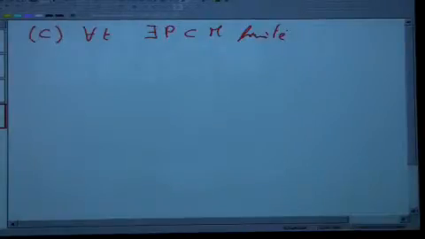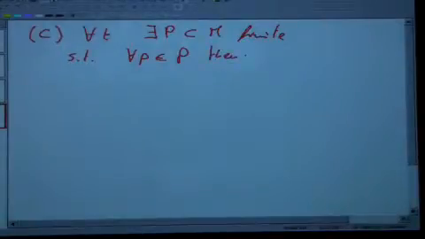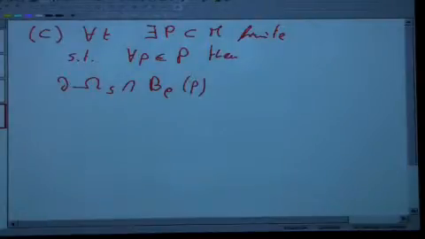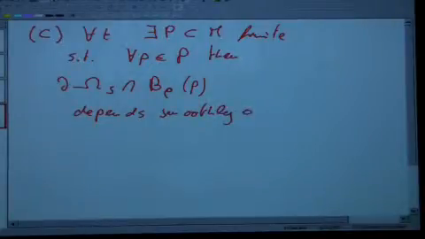If a point p is not in this big P, then the boundary of omega s, intersected with a ball of small radius around p, depends smoothly on s, at least if s belongs to some small interval centered on t.